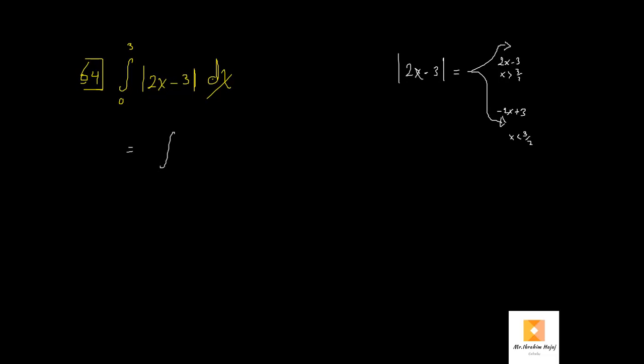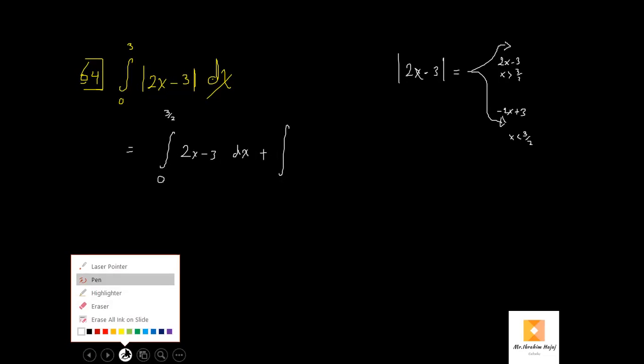What should we do? Take the integral from 0 to 3 over 2 of negative 2x plus 3, because it's less than 3 over 2.